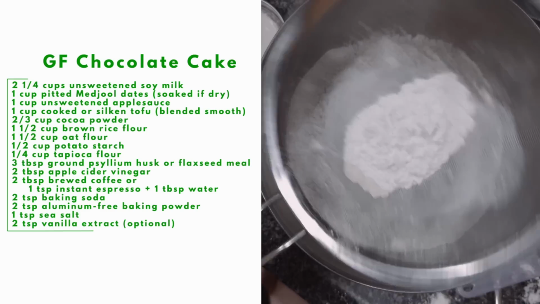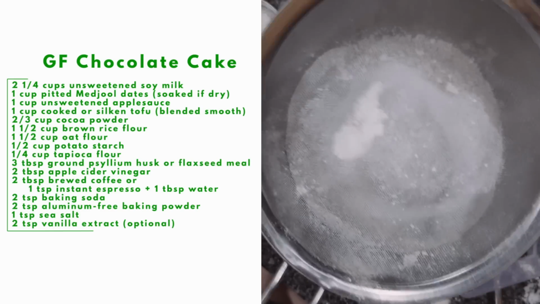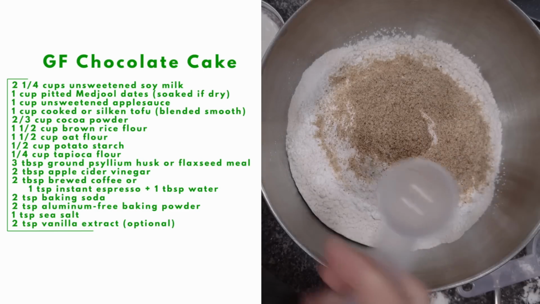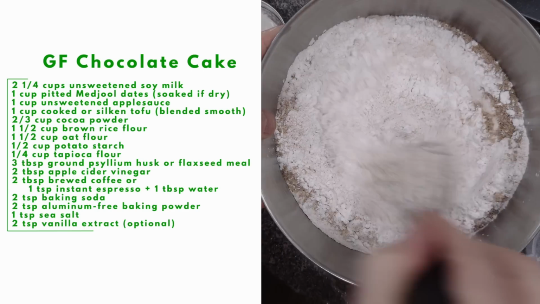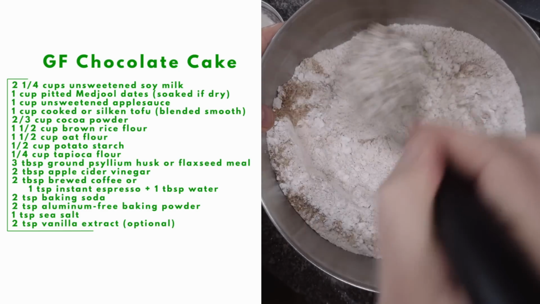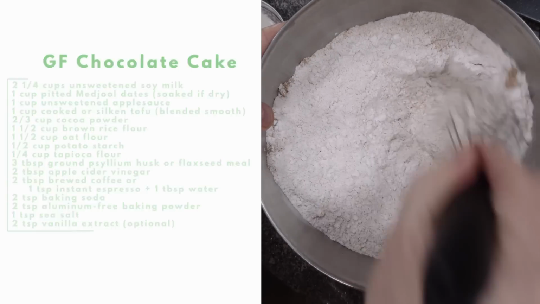You could probably do one or the other and it would be fine, but I thought I would mix it up. And then I put in some psyllium husk. If you don't have psyllium husk, you can use ground flax and it would probably do a similar thing, although I find psyllium husk just gives a better texture in my opinion. So if you can get your hands on some, I would recommend that.